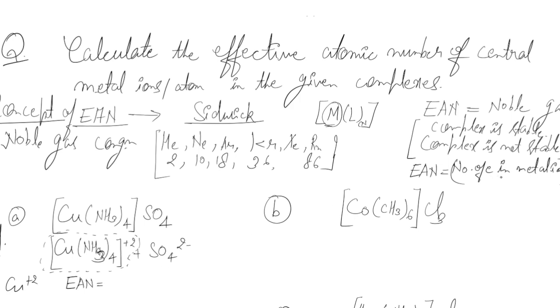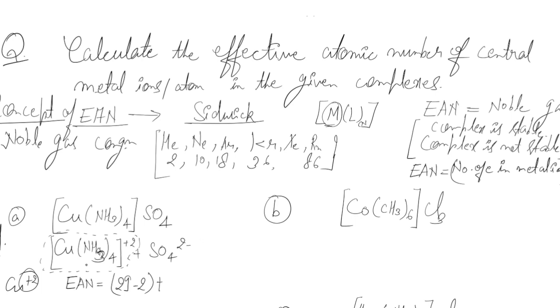What is the number of electrons in the metal ion? Copper is atomic number 29, but copper is present in the +2 oxidation state, which means it is losing 2 electrons. So 29 minus 2, plus the electrons it is gaining from the ligands.